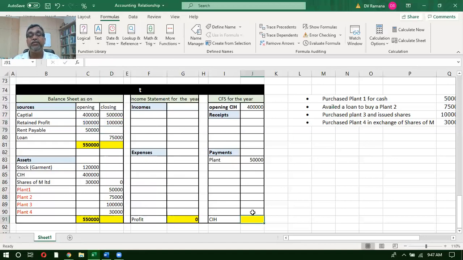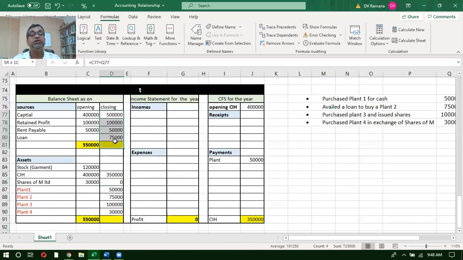Cash in hand will be cash available minus cash payments, and cash in hand will now reduce to 350. No change in the rent payable, because we did not pay that money.